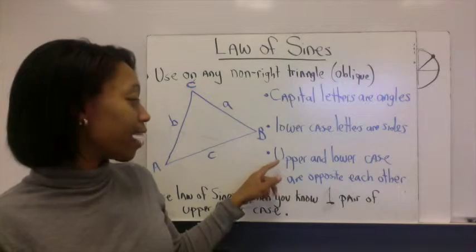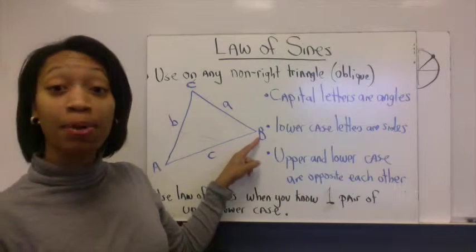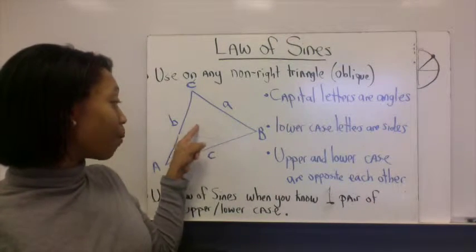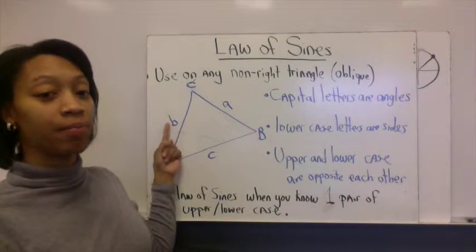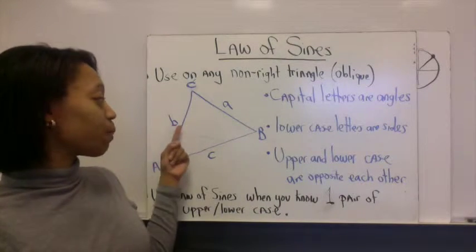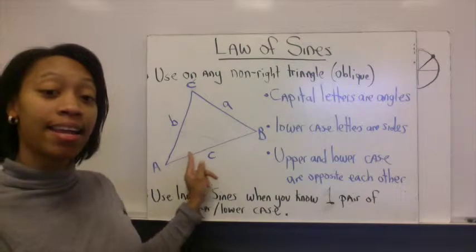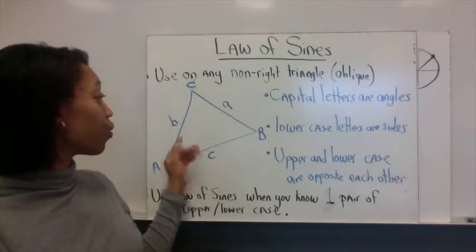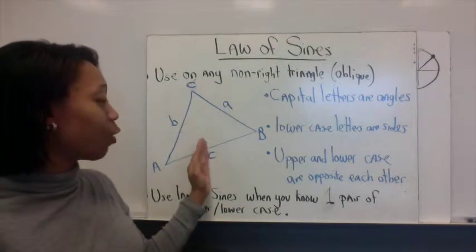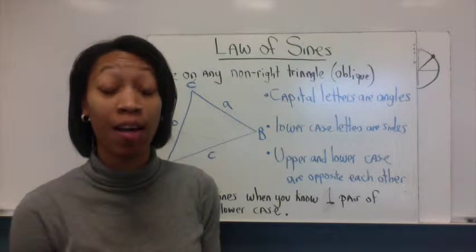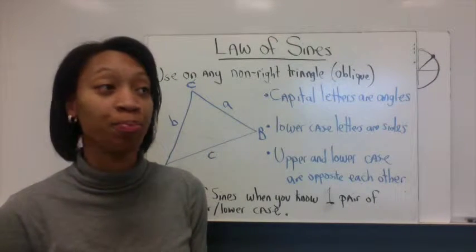Notice how we have a capital B, and then coming directly opposite from that is the lowercase b. They have to correspond. Across from the uppercase A is the lowercase a. So the upper and lowercase have to be opposite from each other.